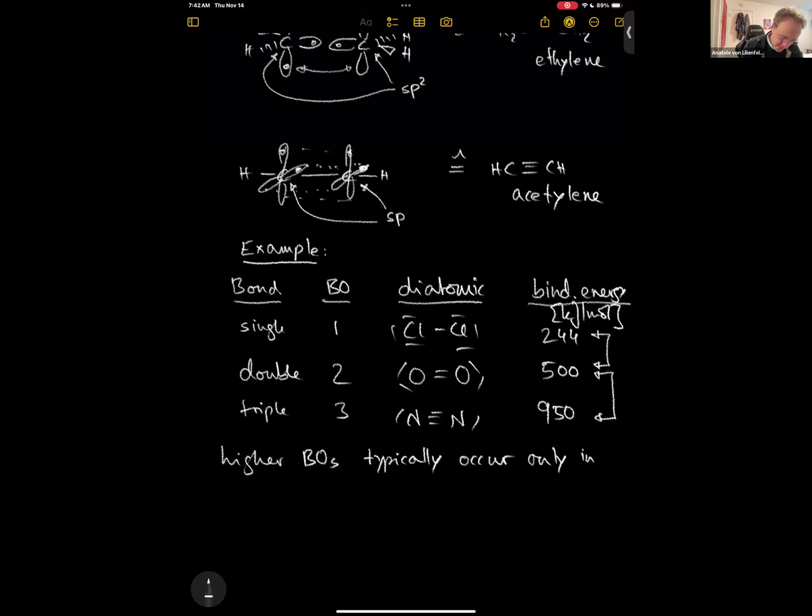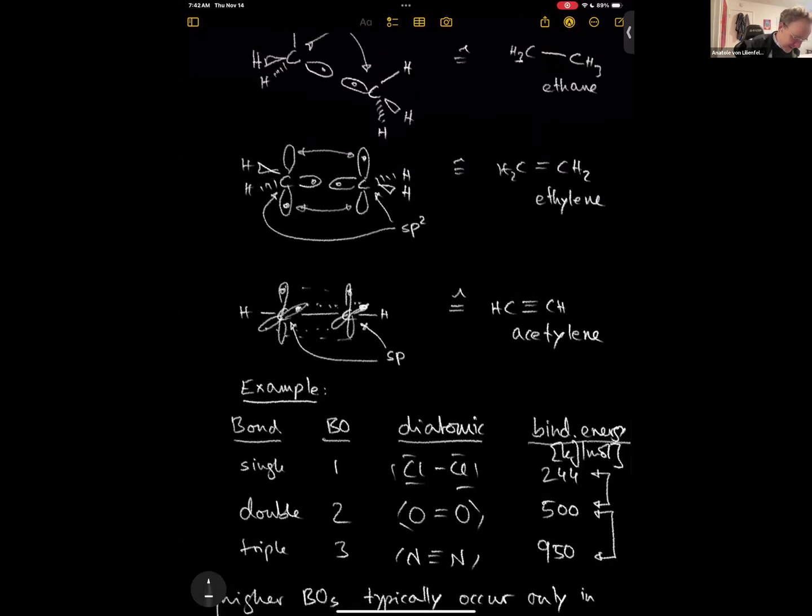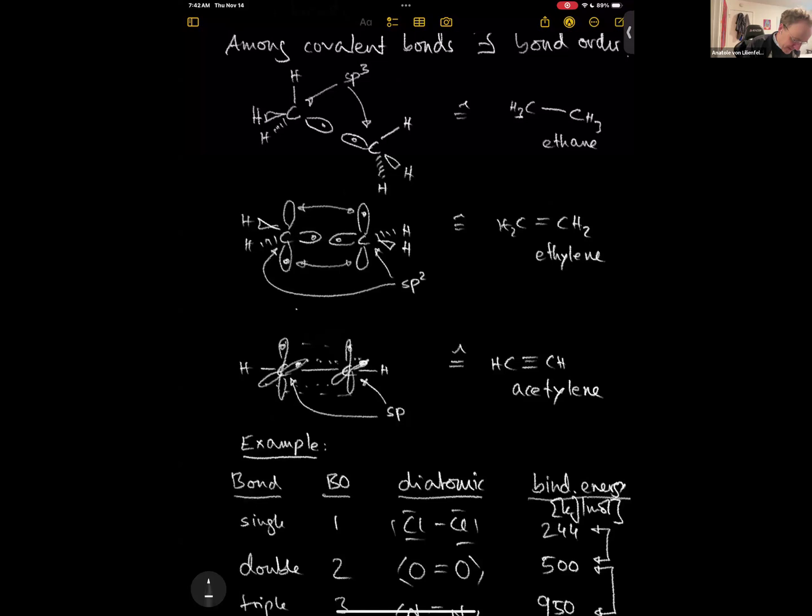Only for the heavier elements, the distance which you see here among these carbon atoms increases because the atomic radius increases, right? And the directionality of your single bond imposes that.